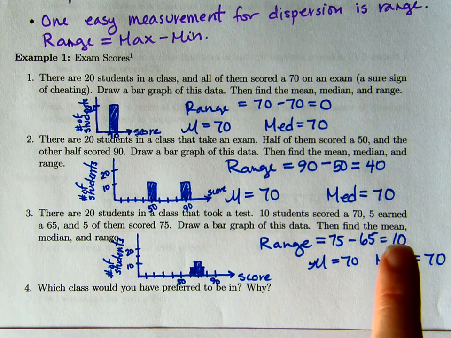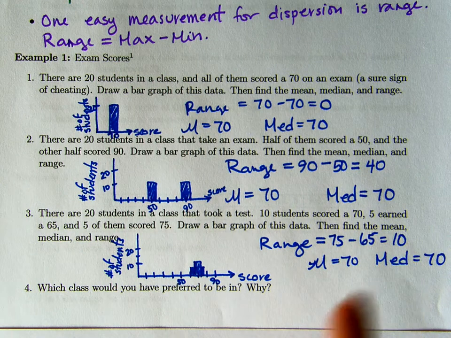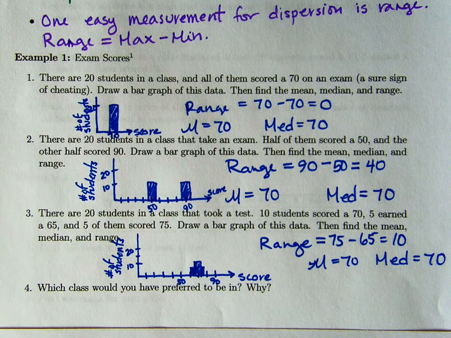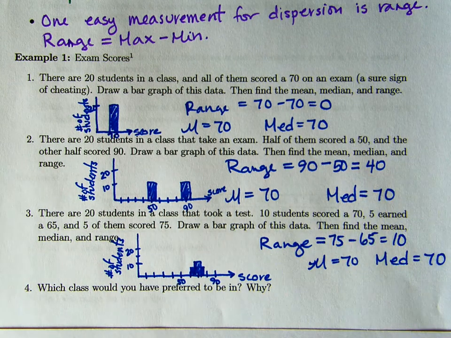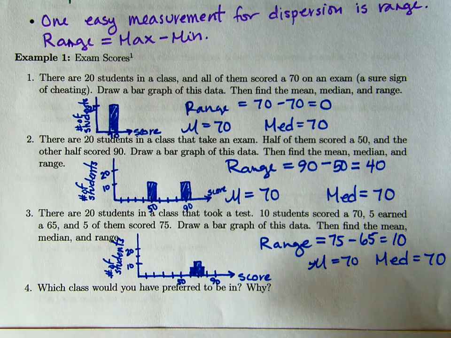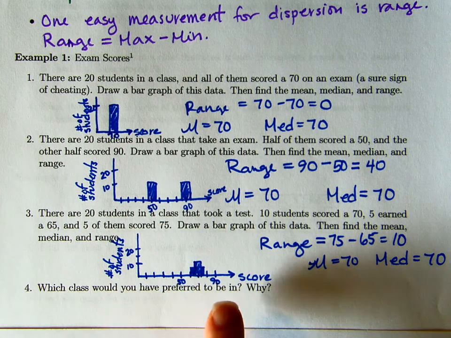If there's a little bit of difference between the low and the high, then, you know, everyone is pretty much together. If there's a big difference between the high and the low, then be careful. The question is, where do you land? Yeah? So which class would you prefer to be in and why?